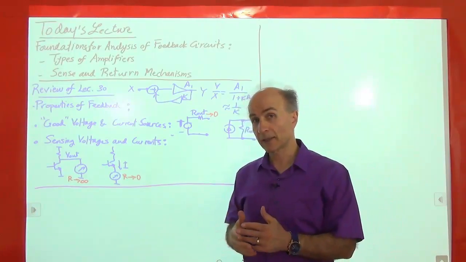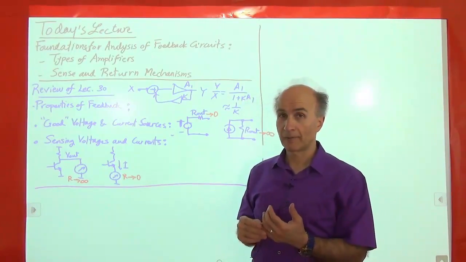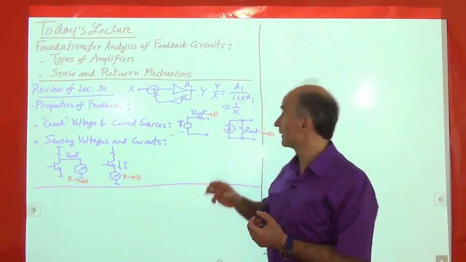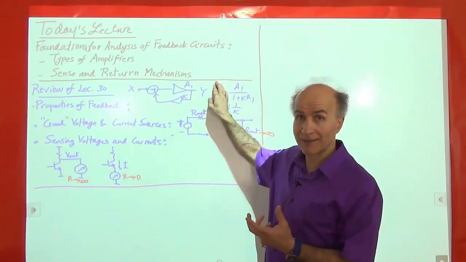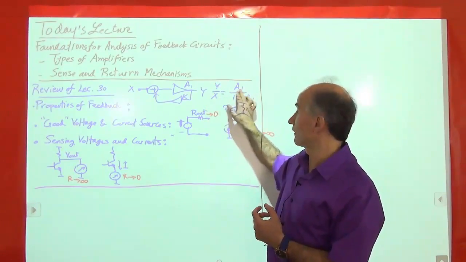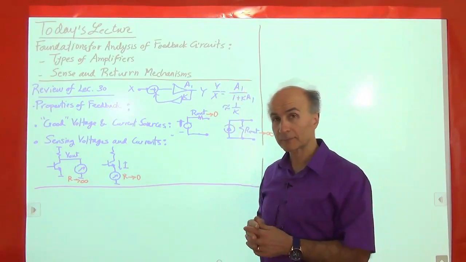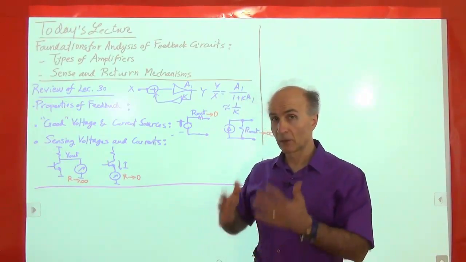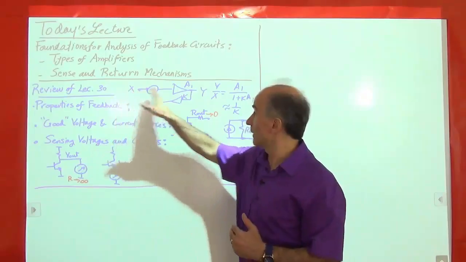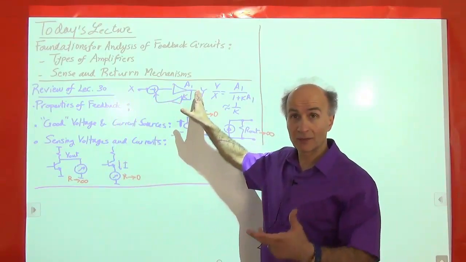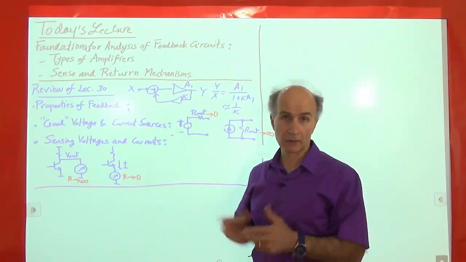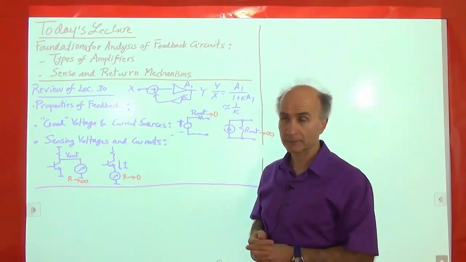And because of that, we saw that we have what we call gain desensitization, meaning that this gain is not very sensitive to variations in A1. We also saw bandwidth extension, meaning that the closed loop bandwidth of the circuit tends to be greater than the bandwidth of the original circuit that we had built.